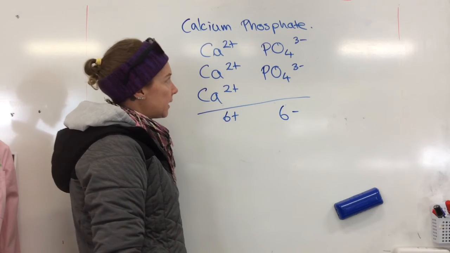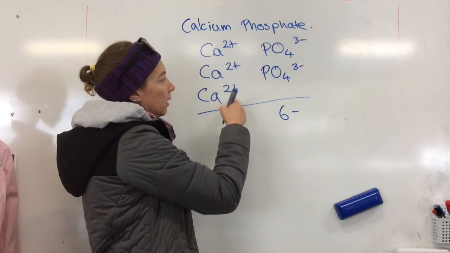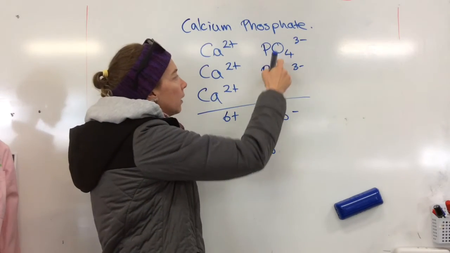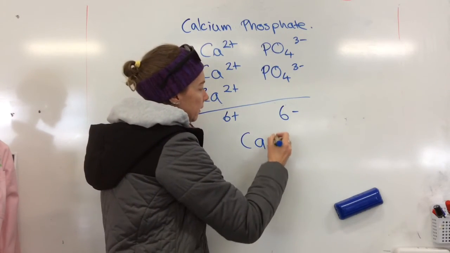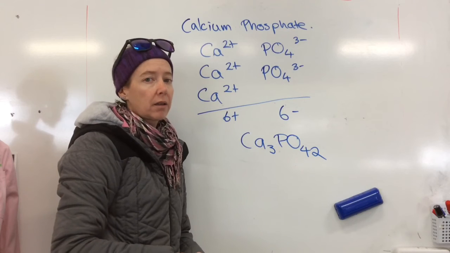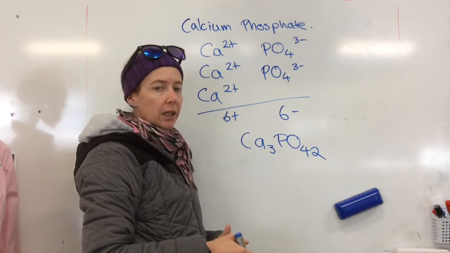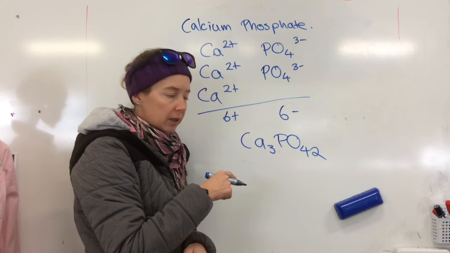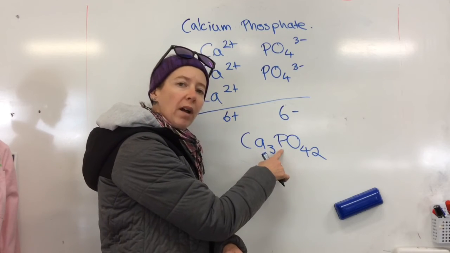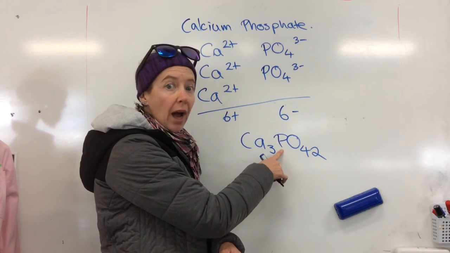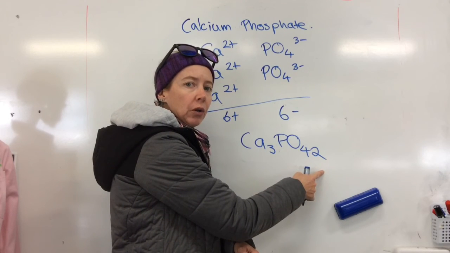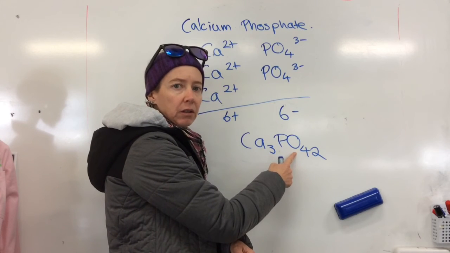Okay, now with this, 3 calciums, 2 phosphates. That is not correct. That is not how I would write the chemical formula. Because what this chemical formula is telling me, I've got 3 calcium ions, I have 1 phosphorus ion, or phosphide, and I've got 42 oxygens, or oxides.